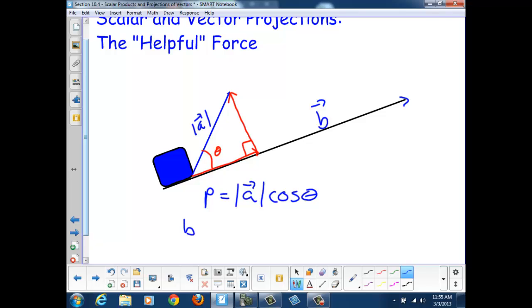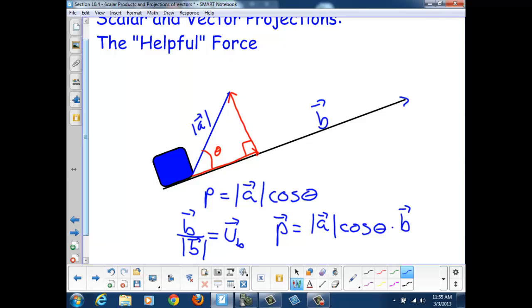So we remember that we take our vector and divide it by its length to get a unit vector in the direction of B. So now instead of along the floor, we have this unit vector in the direction of B. And to get our vector projection or helpful force, we would take that length that we've already calculated and multiply it by our unit vector, or B over the magnitude of B.